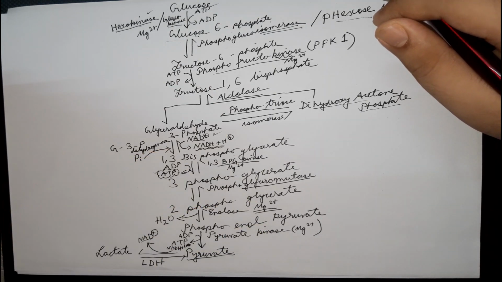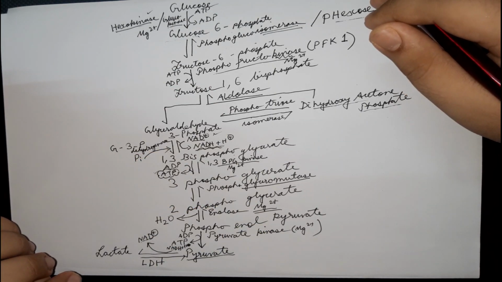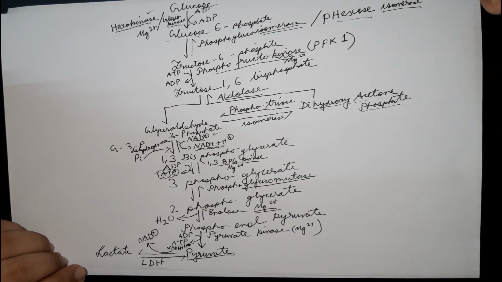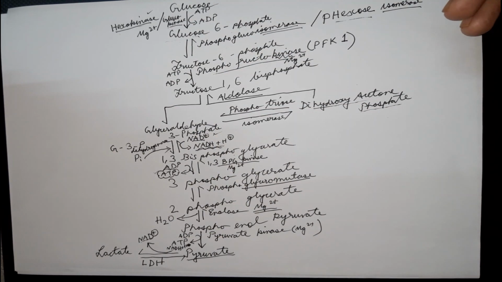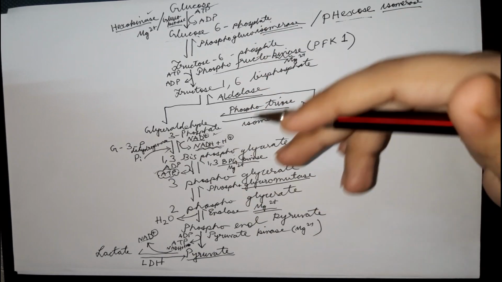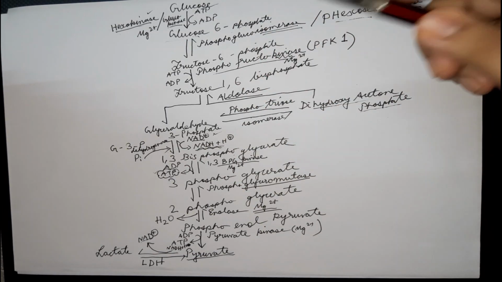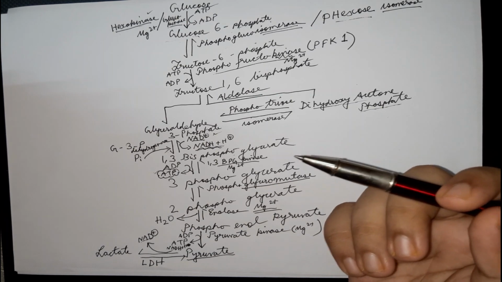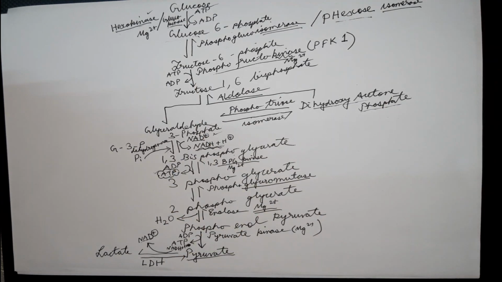As far as any mnemonic for remembering the steps is concerned, I have already said that I learned it the hard way, so I'm unable to help anyone. But it's pretty basic, so it can be easily understood and easily memorized also. We have to memorize this.